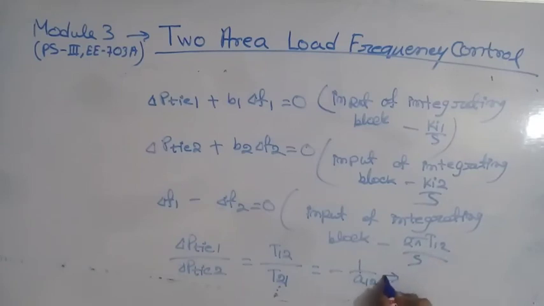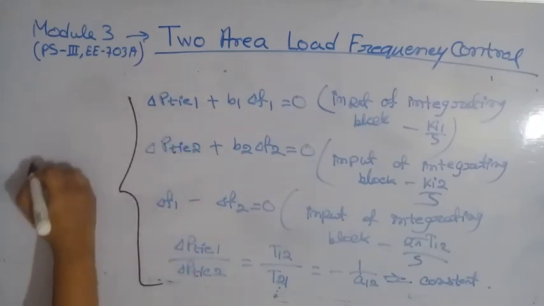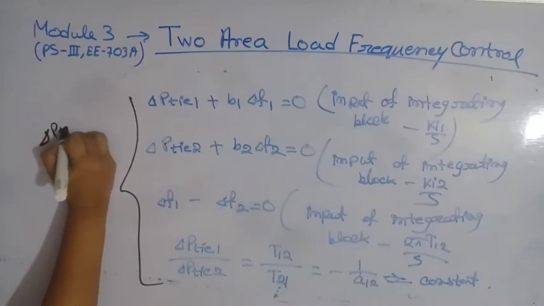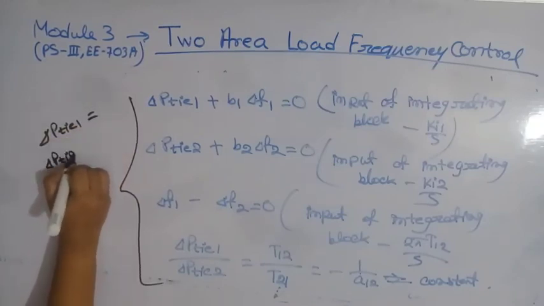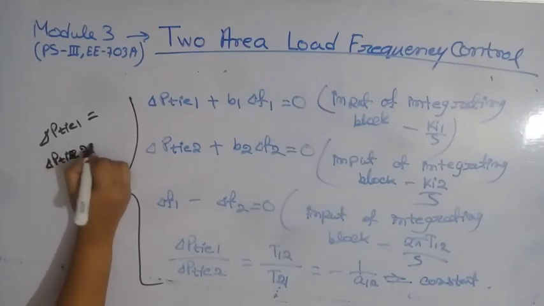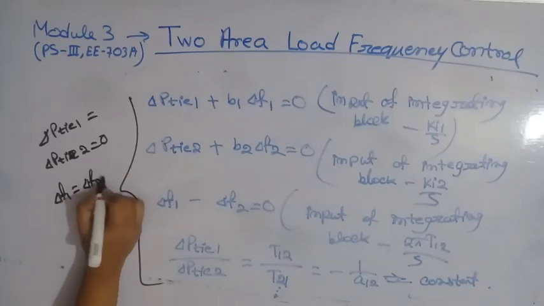These equations are only satisfied when delta tie line power for control area 1 and delta tie line power for control area 2 are equal to 0, and delta F1 equals delta F2 equals 0.